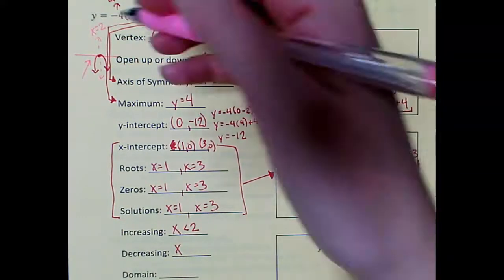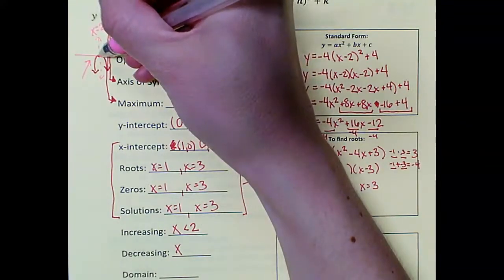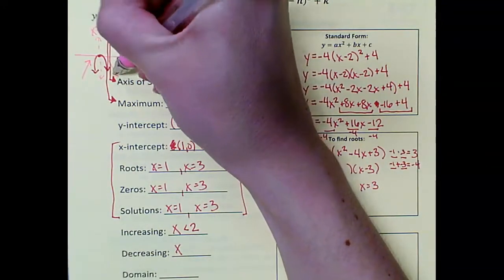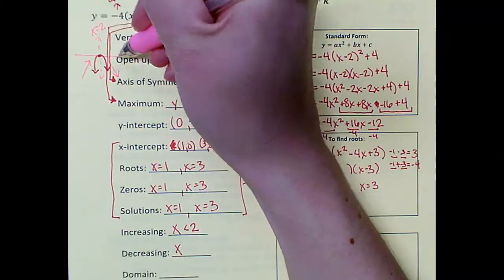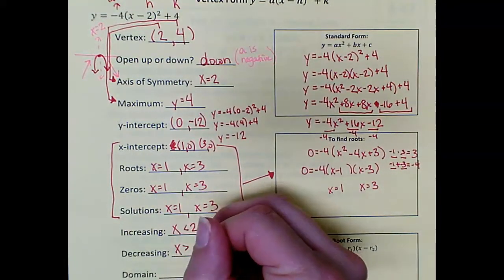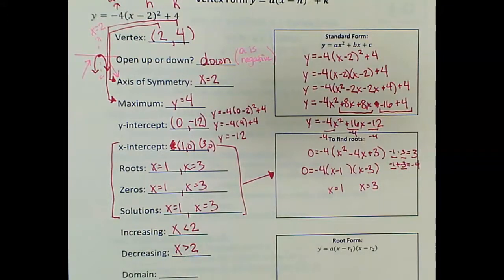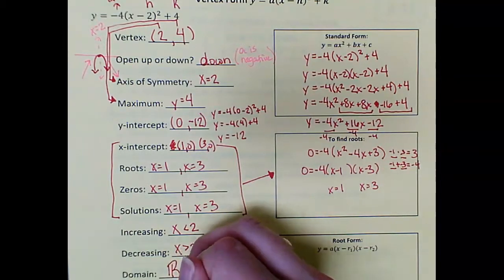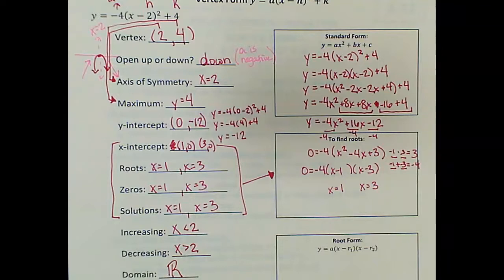And then what happens once it hits the vertex? It starts to go down. It starts to decrease. Those are all the x values to the right of 2. We say that those are the x values that are greater than 2. And then our domain for a parabola is always all real numbers unless we have endpoints. Our range comes from the maximum.